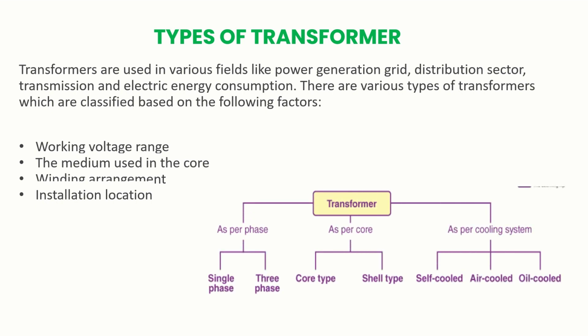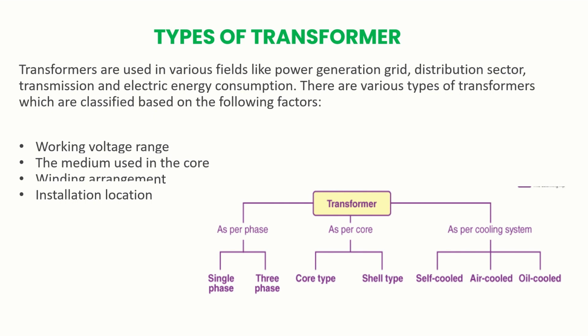The medium used in core. The core is placed in some medium so that the flux induced in the magnetic field should not be wasted, and their winding arrangement. Then the installation location, like where the transformer is going to be installed. Accordingly, the transformers are made.